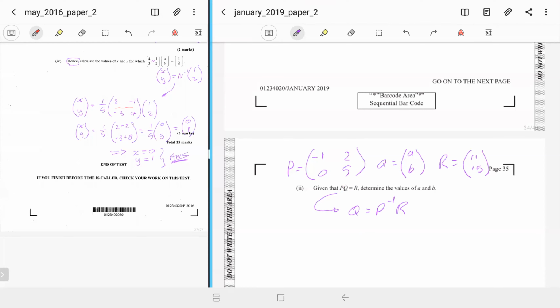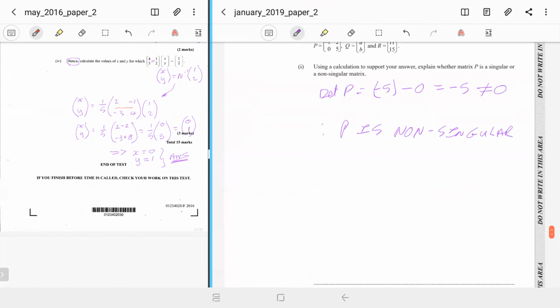So watch this now. Therefore, the Q, which is AB, is equal to the inverse of P. We're going to work out the inverse of P and put it right here in front. So the inverse of P becomes 1 over the determinant. We just worked out the determinant up here a while ago. It is -5, so we don't have to work it out again.